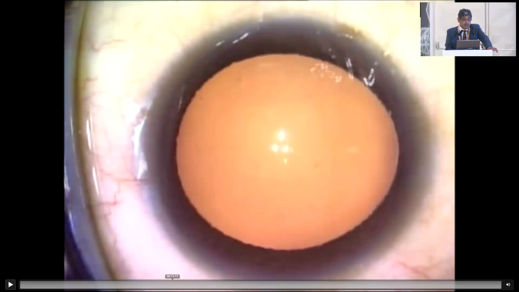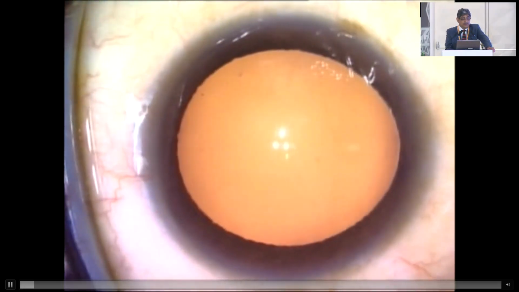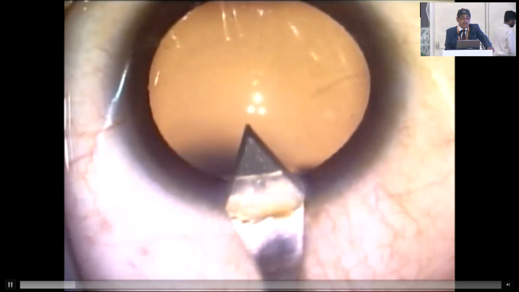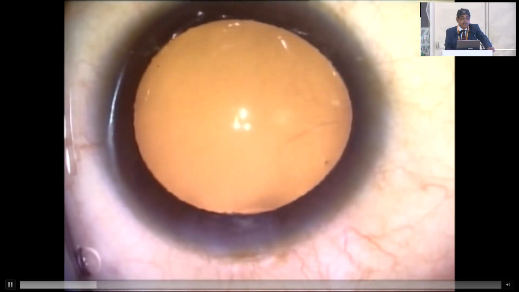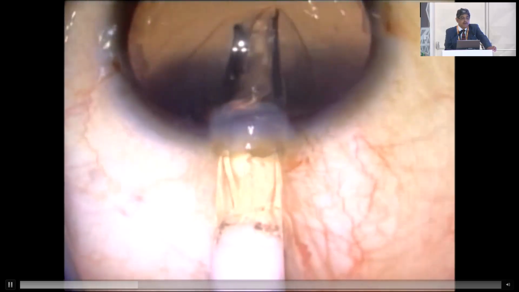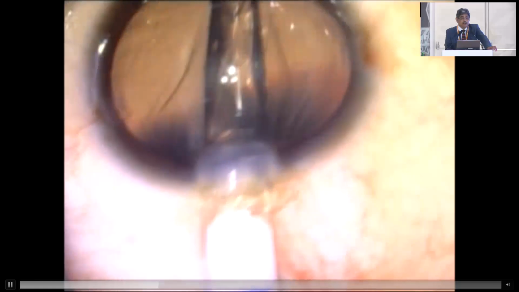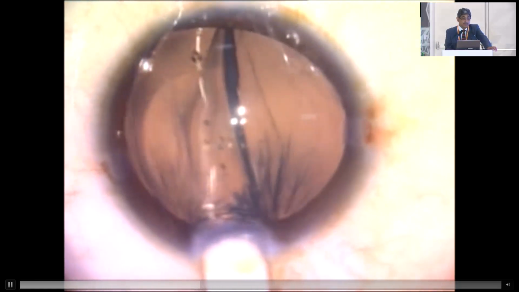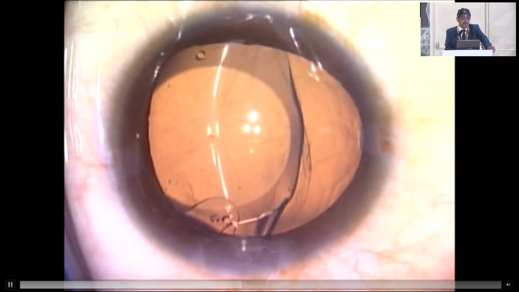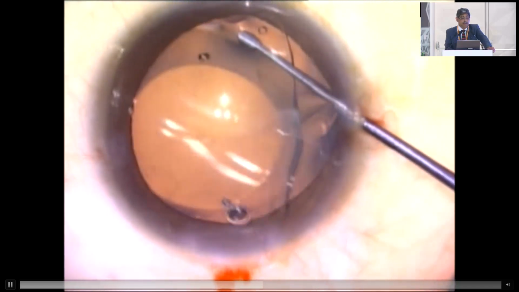Just to give you the insight, this is a small video of less than 50 seconds. The incision of 3.2 millimeter or 2.8 millimeter is given. Fill the chamber with viscoelastic, which should not be overfilled, and the lens is loaded, front loading system, and slowly it is pushed into the anterior chamber.